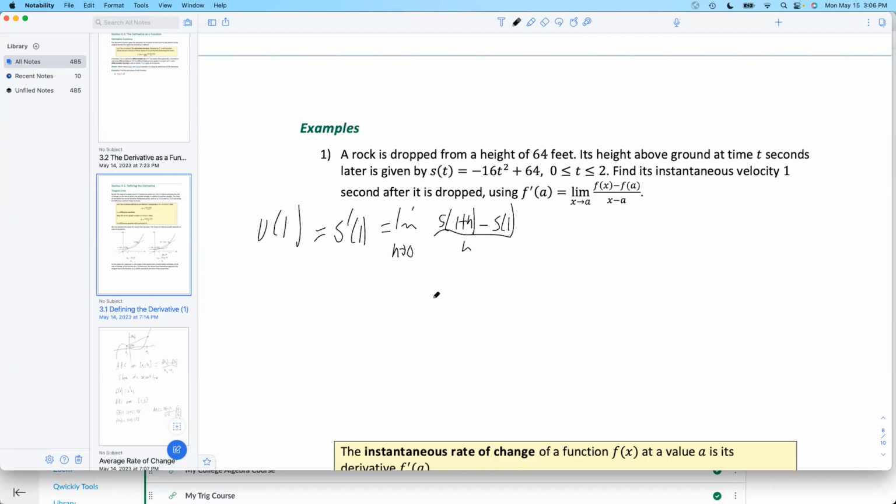Using this for S, that'd be limit as h approaches 0. S of 1 plus h means rewrite this entire function, but now instead of writing t there, I'm going to write 1 plus h in parentheses.